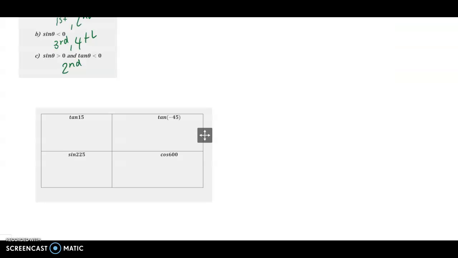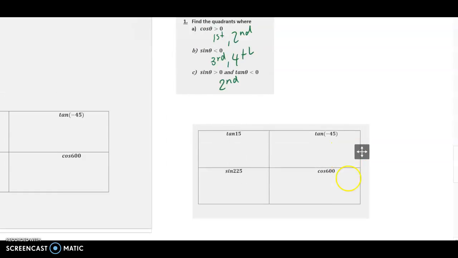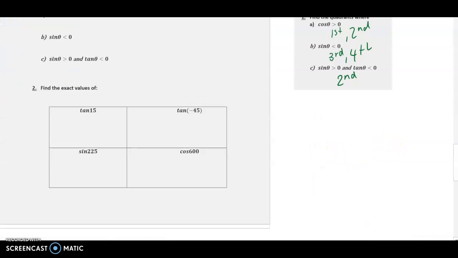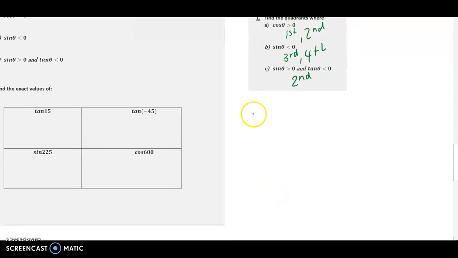Okay, so we want to find exact values. So tan 15. Tan 15 is in our first quadrant. In our first quadrant, tan is positive. I'm just going to change that a little bit because that had a little bit of a mistake in that. Tan shouldn't be of 15, it should be tan of 150 because we want an exact value.